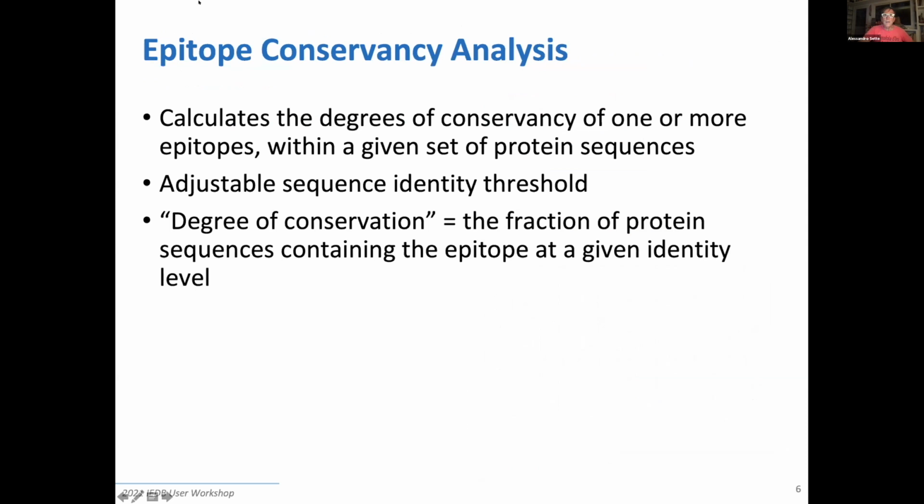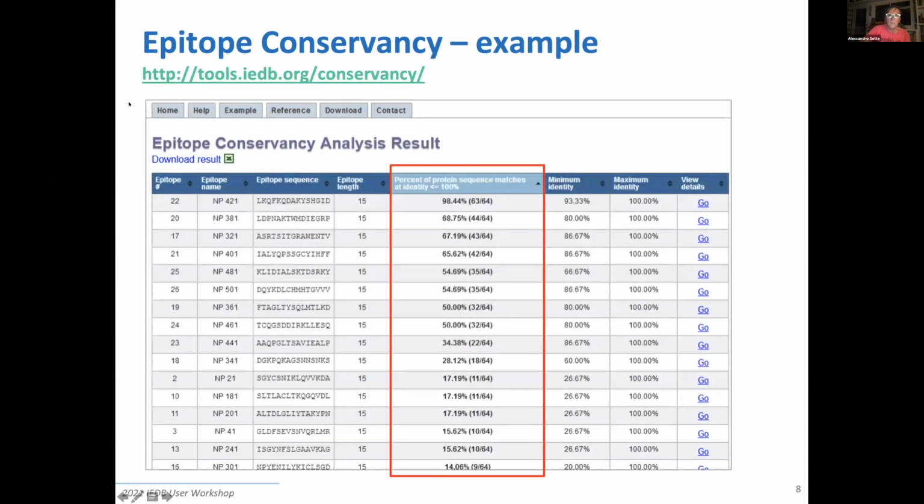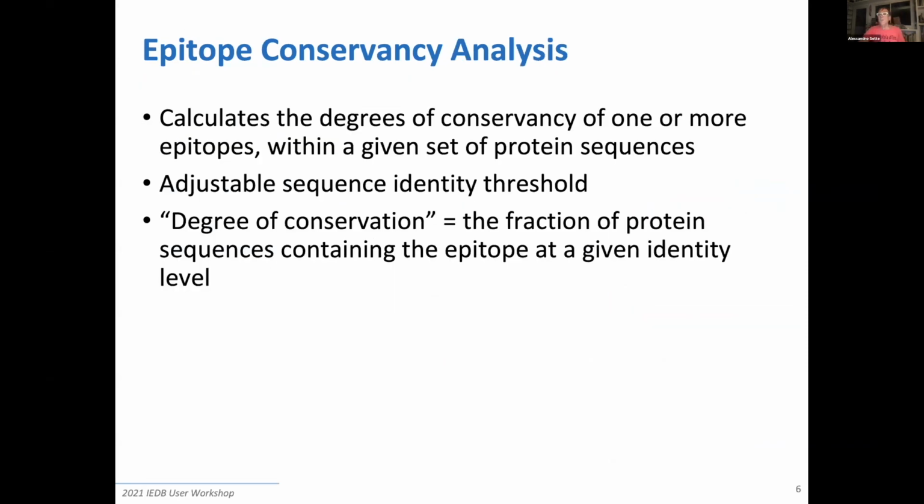Another tool here is this epitope conservation tool that calculates the degree of conservancy. So this is another situation where, say, you have a number of different epitopes, and you want to know how conserved they are.